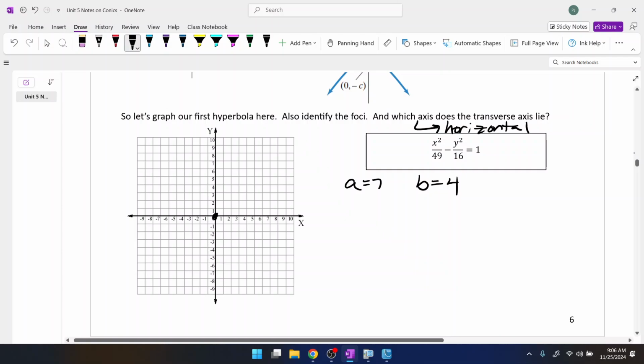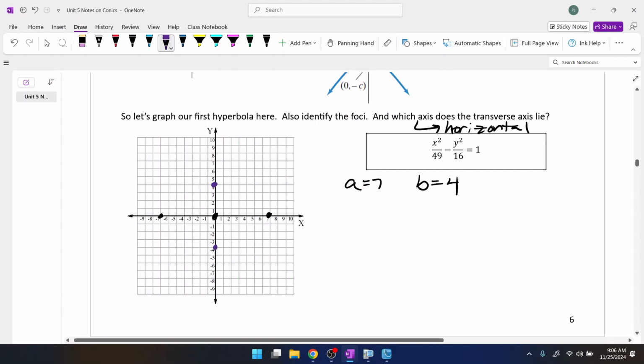So what you want to do is figure out the coordinates of the vertices here, which will be at -7 and +7. Now, here's the other thing. The purpose of B being 4 here is that it's going to be 4 units above and below the center.